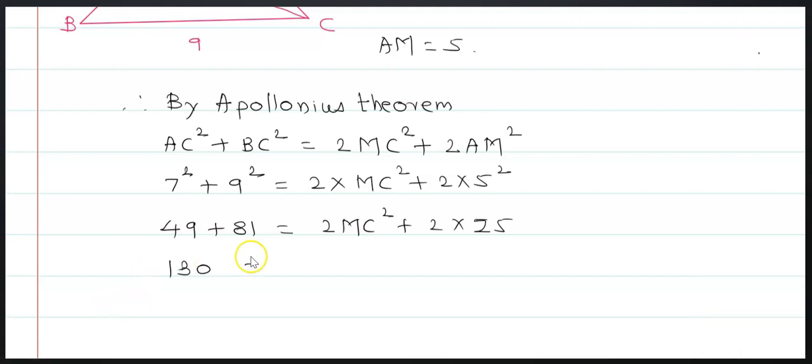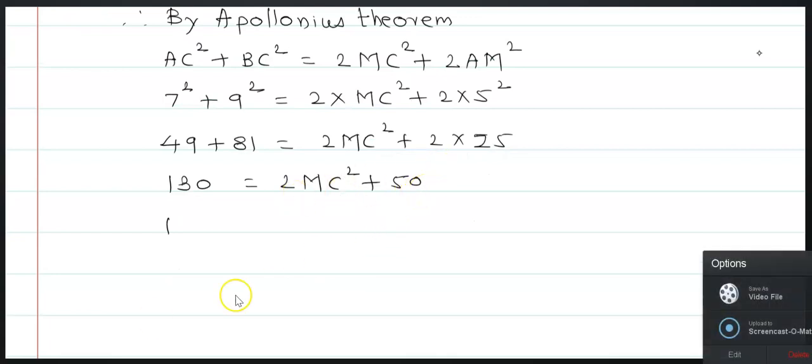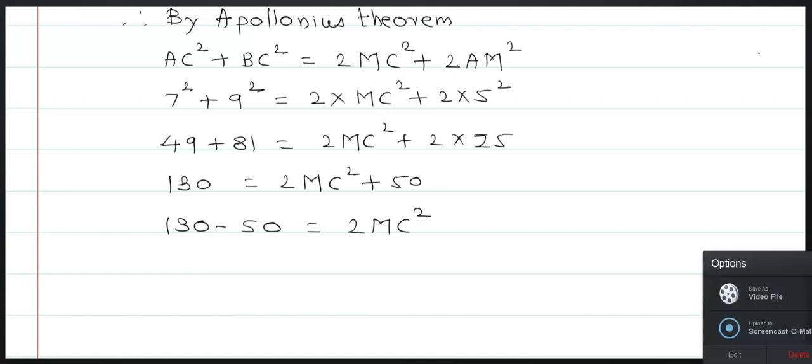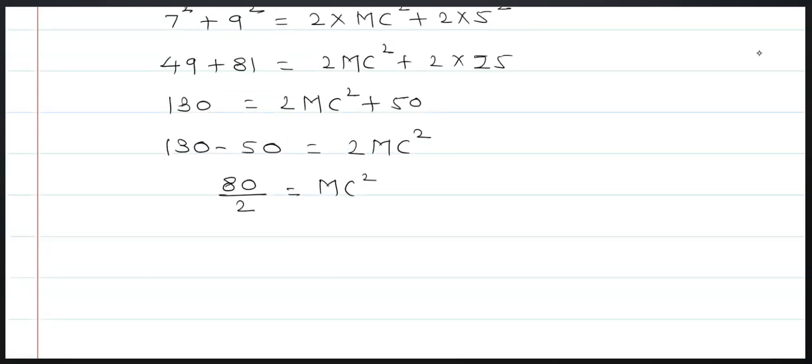Now next, 49 plus 81, that is 130, equals 2 times MC square plus 50. 130 minus 50 equals 2 times MC square, and the subtraction gives 80 upon 2 equals MC square. Therefore, MC square equals 40.